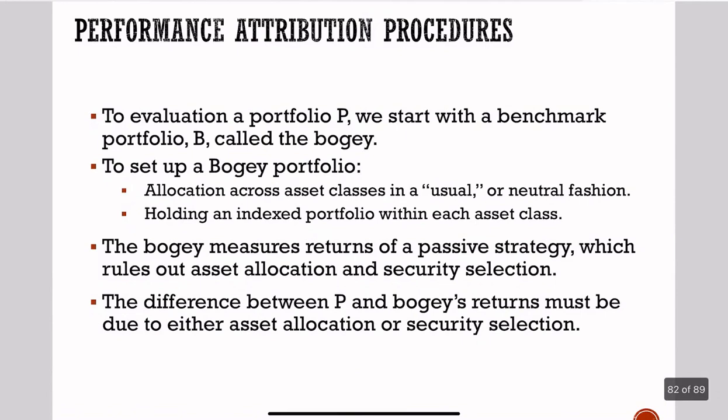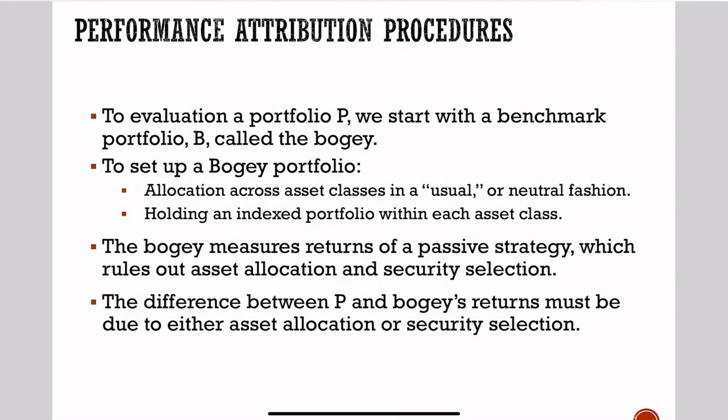Okay, so how do we exactly do the attribution analysis here? Remember that our purpose is to attribute the performance of a particular portfolio into two sources: security selection and asset allocation.